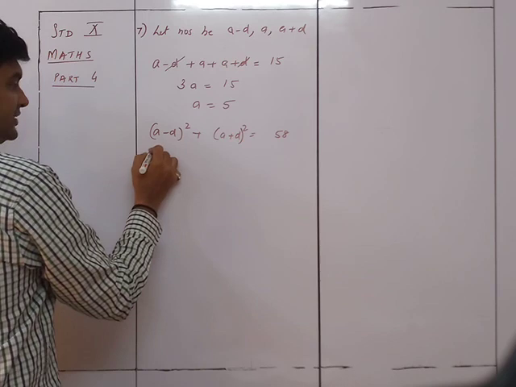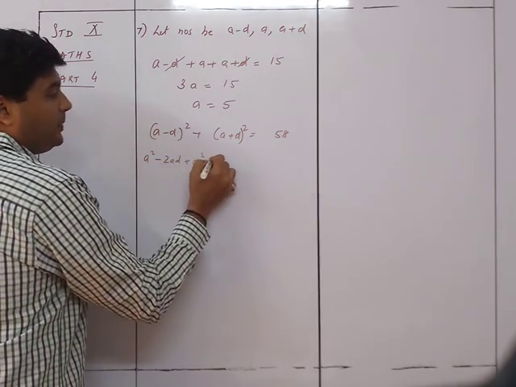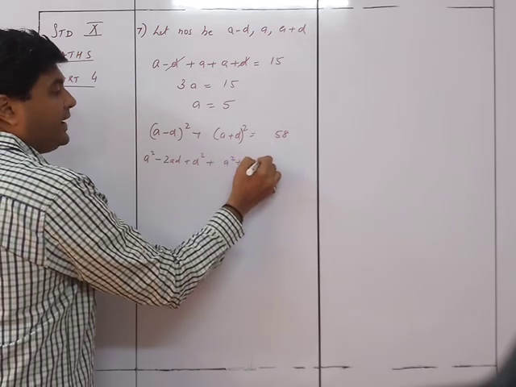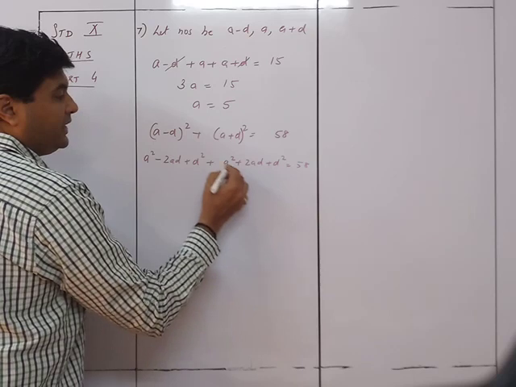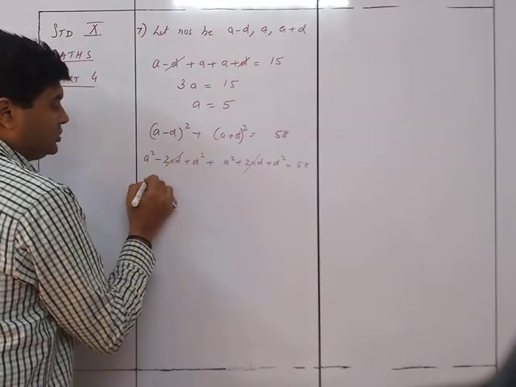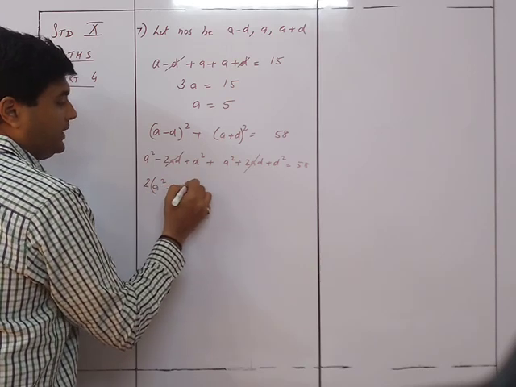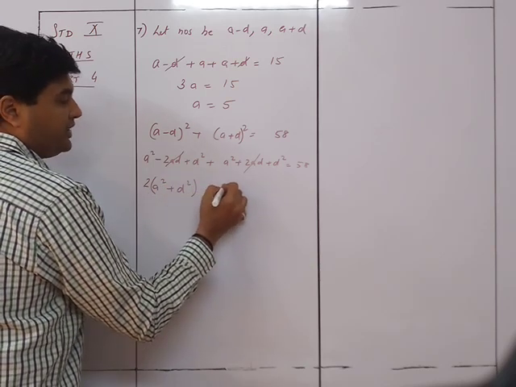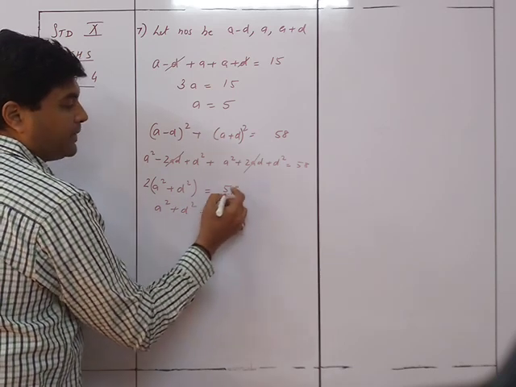Right, so it is A square minus 2AD plus D square plus A square plus 2AD plus D square is equal to 58. Accordingly, you see that 2AD gets cancelled. So 2A square plus 2D square, or we can say A square plus D square is equal to 58 upon 2.